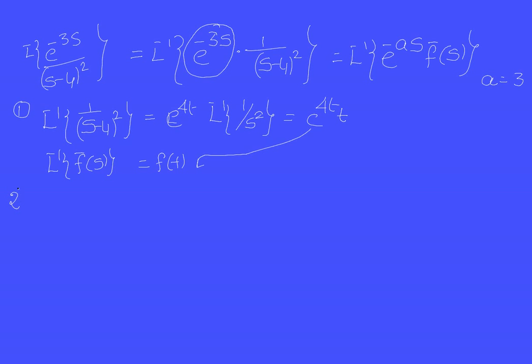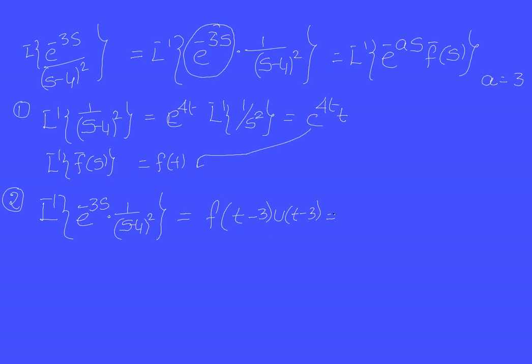Second step: L inverse of e power minus 3s into 1 by (s minus 4) whole square. How will we get this one? It says f of t minus a, where a is 3, so f of (t minus 3) into u of (t minus 3).